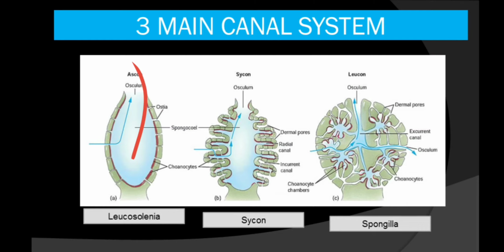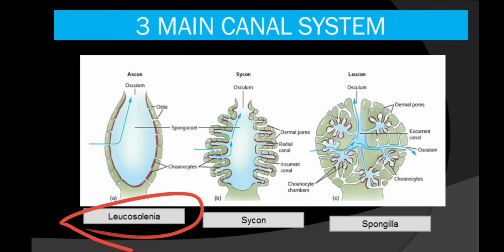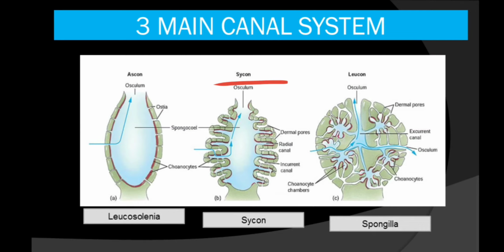It is present in Leucosolenia, whereas this Sycon type is present in Sycon only, and the Leucon type is present in Spongilla. So please don't be confused between the Leucon type and the Ascon type: the Leucon type example is Spongilla, whereas the Ascon type example is Leucosolenia, not Leucon type Leucosolenia. Alright, so these are the three main types of canal system.